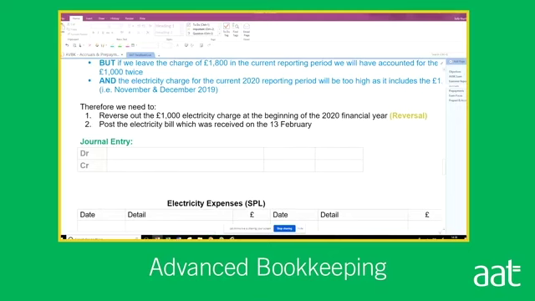So remember, the examiner said we keep getting mixed up with our dates, particularly with our reversing journal dates, okay? So we need to make sure. If we put an accrual through on the 31st of December 2019, it means I will reverse it out on the 1st of January 2020.